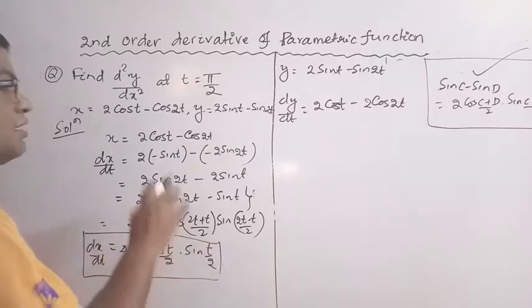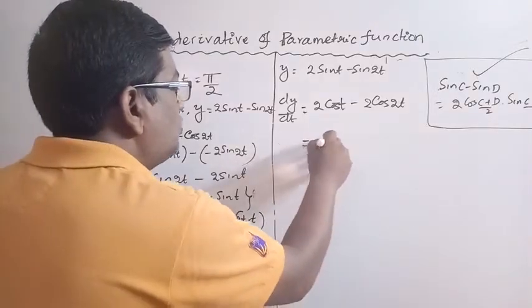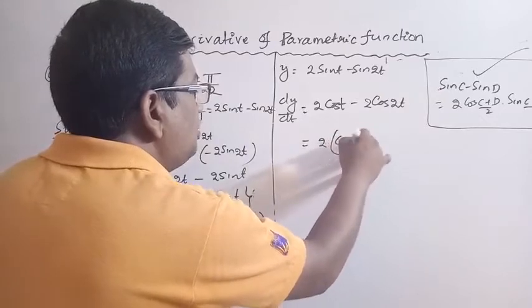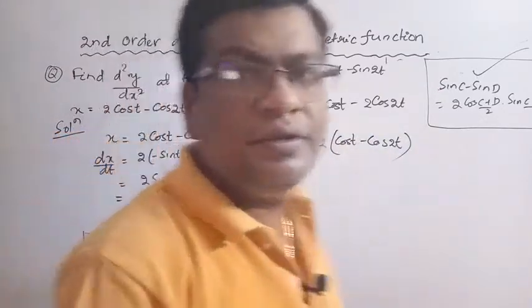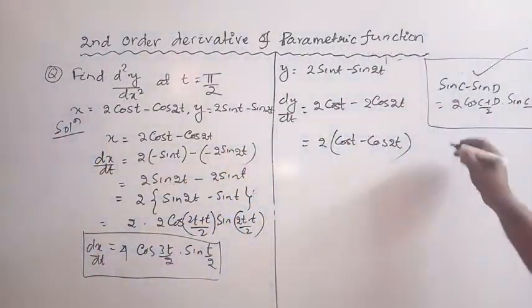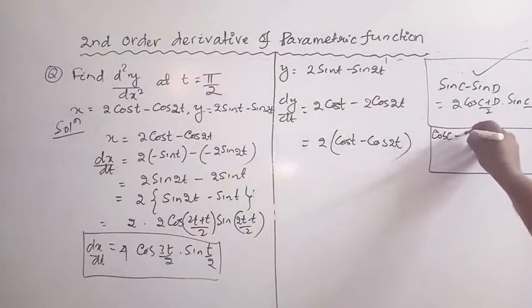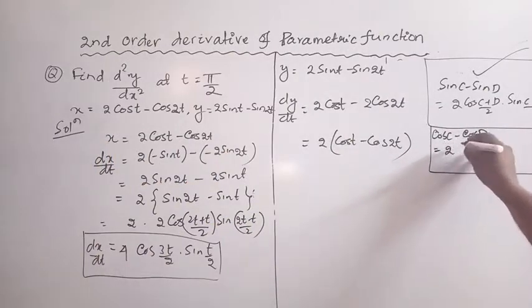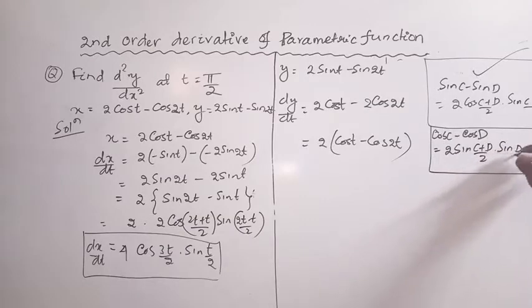It is easy to cancel, so change the formula here. This is equal to 2 common, and sin 2t minus sin t. What is the formula here? The formula is sin c minus sin d, which is equal to 2 cos c plus d by 2 into sin c minus d by 2.